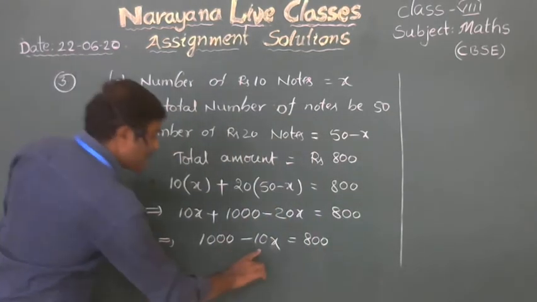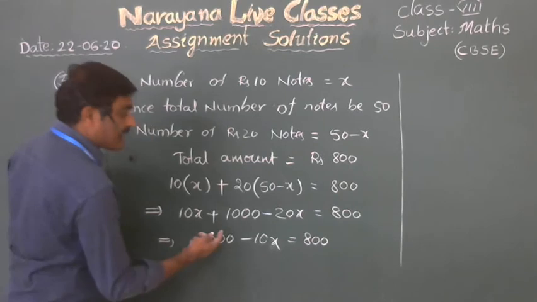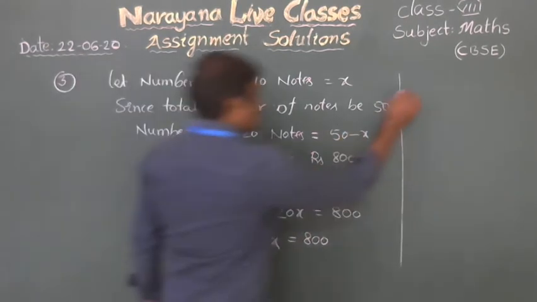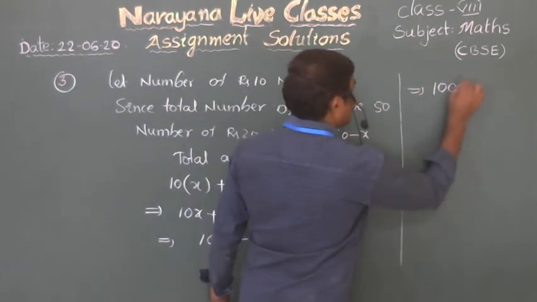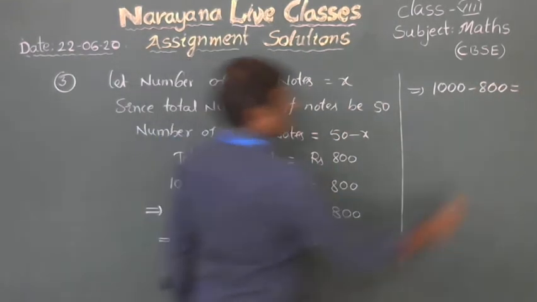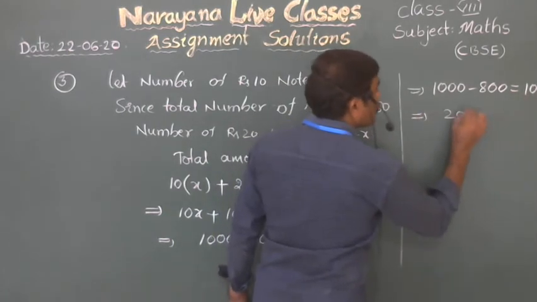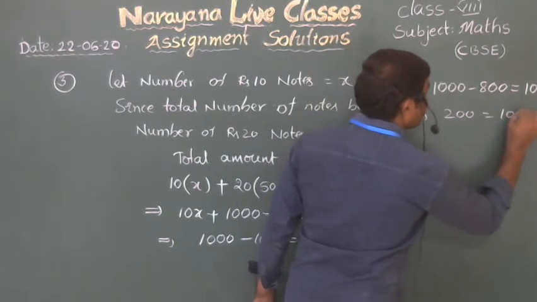Now this minus 10x will be transposed to the right side, and this 800 will be transposed to the left hand side. That means 1000 minus 800 is equal to 10x. 1000 minus 800 is 200, equal to 10x.